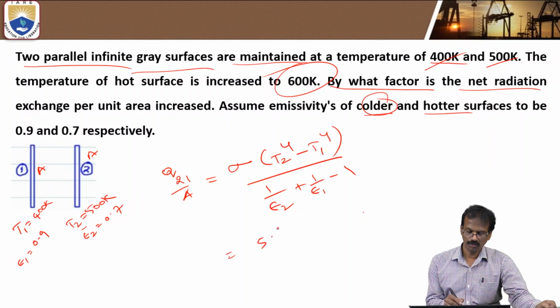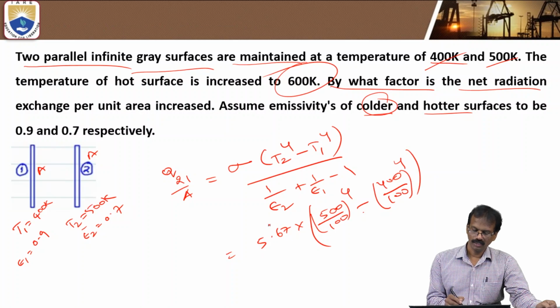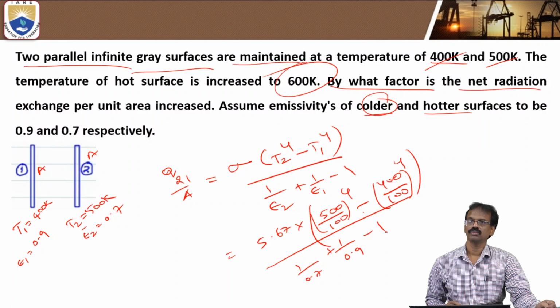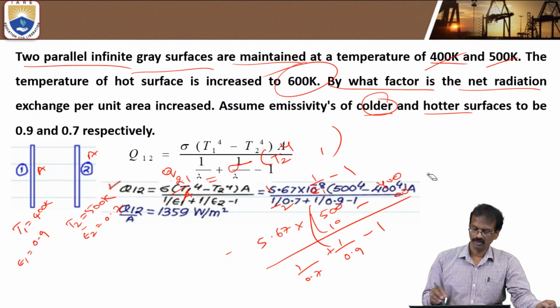So this is 5.67 into T2, that is 500 by 100 to the power of 4, minus 400 by 100 to the power of 4, because of the 10 to the power of minus 8, I am just writing it like this, divided by 1 by 0.7 plus 1 by 0.9 minus 1. If you solve this, you will get the answer.